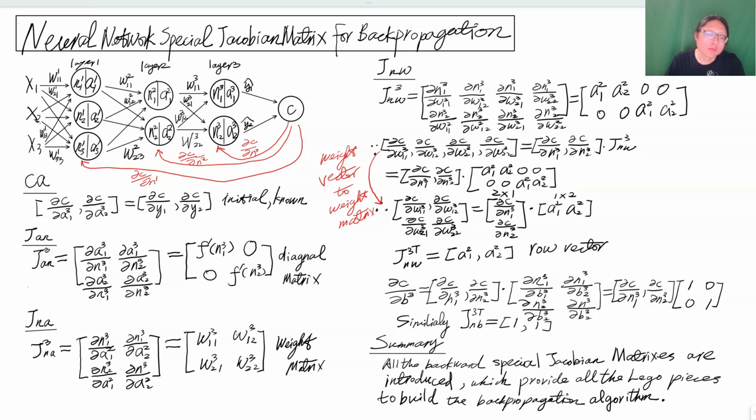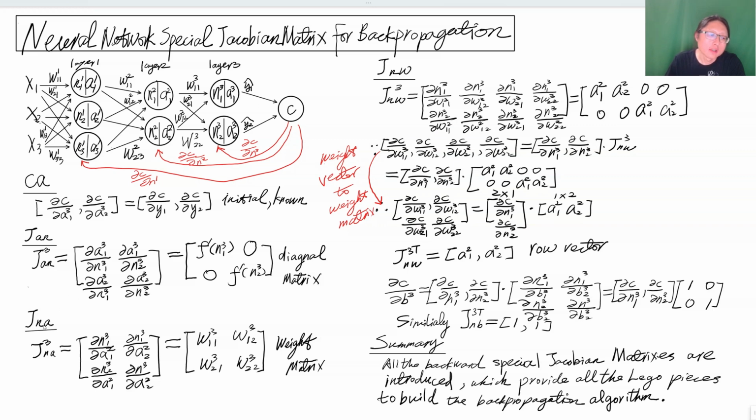So when we do the forward calculation, we already initialize the weight. So with all this special geometry, one thing we can do is this: if I have the partial derivative of c with respect to a, then using JAN I can get the partial derivative of c with respect to n.